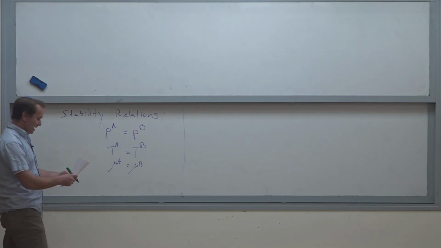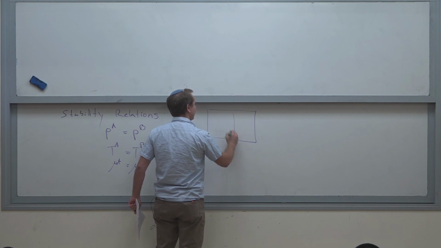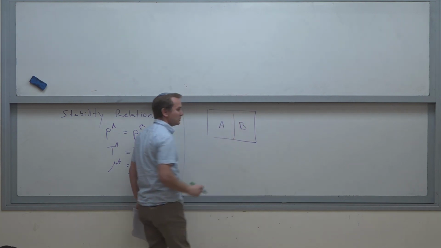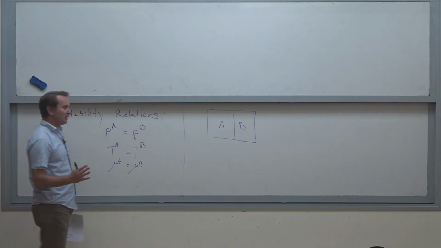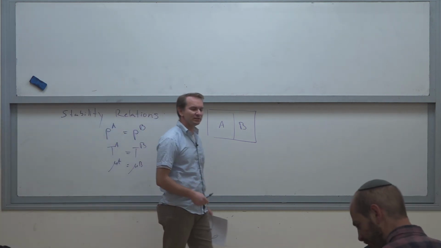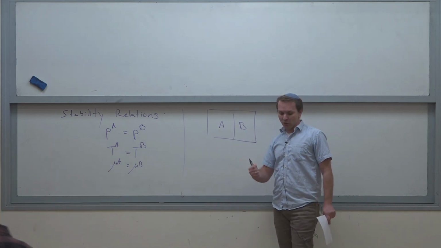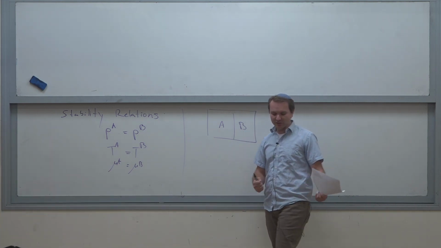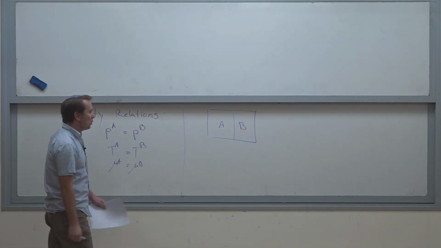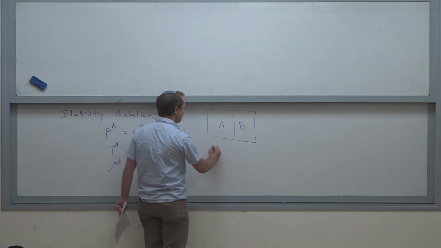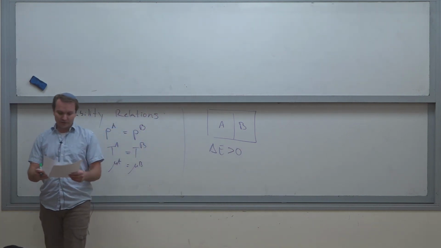We assume that we have two systems, A and B. We assume that we can have some sort of a perturbation by imposing an internal constraint. And then we looked at what happens to the different energies of system A and system B, while keeping in mind the variational principle that delta E was larger than 0.